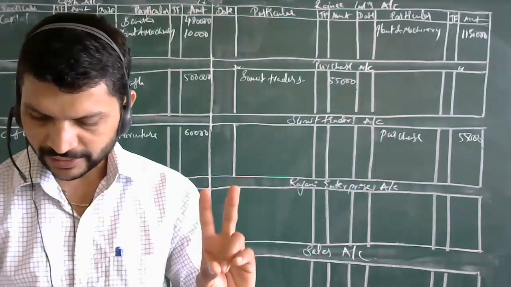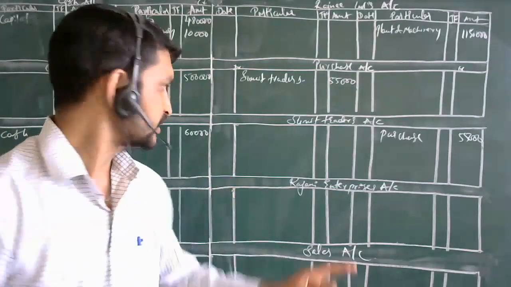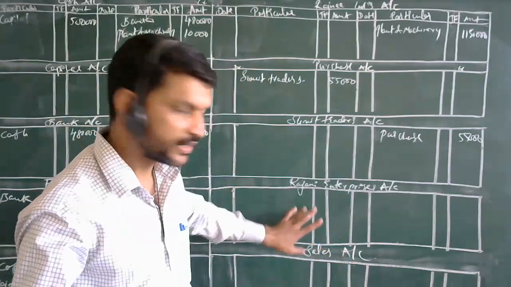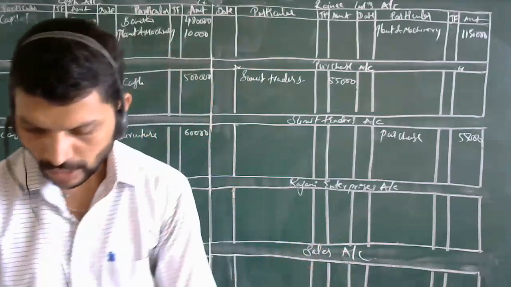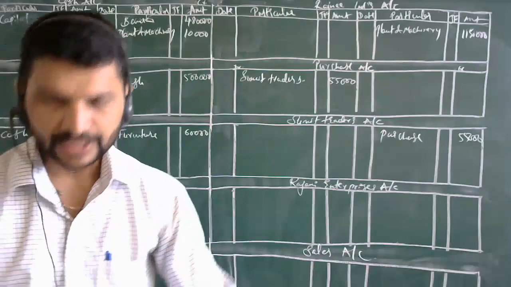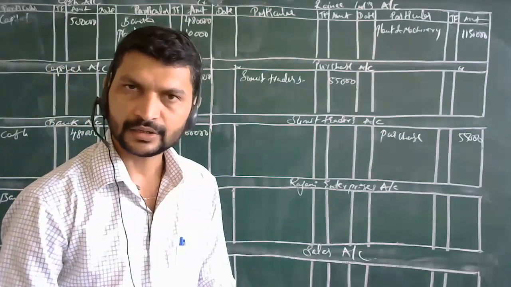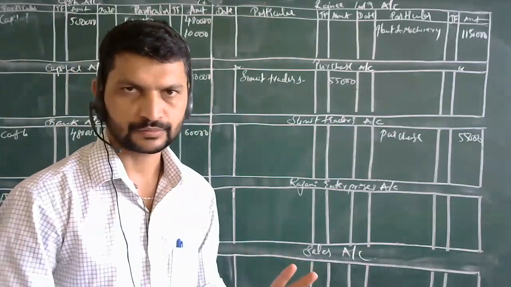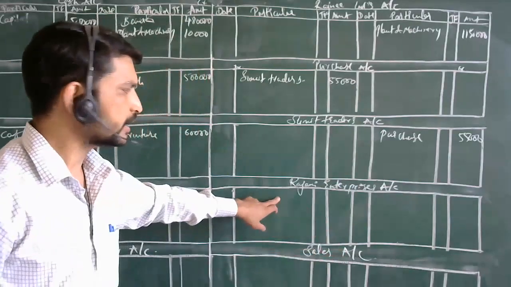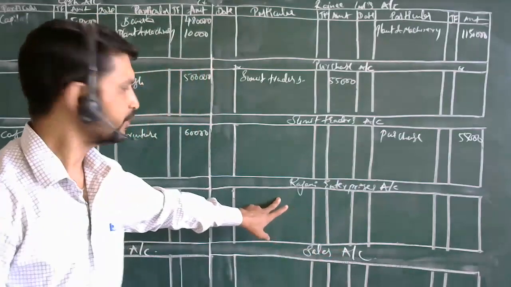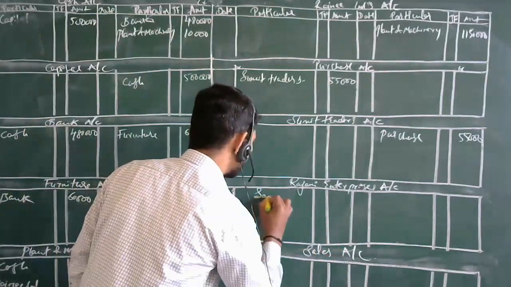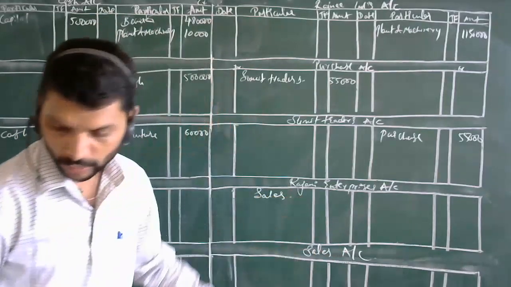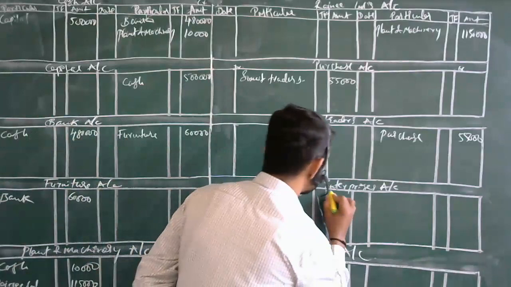Two things are affected over here. One, the Rajni Enterprises account is going to get affected, and one more, the sales account. How is the journal entry taken over here? Rajni Traders account debit to sales account. Now Rajni Traders is debited over here. Debited means debtor side, sales. How much is the sales amount? 35,000.